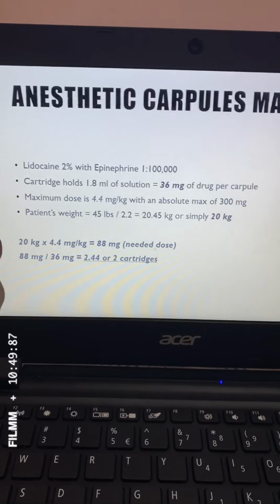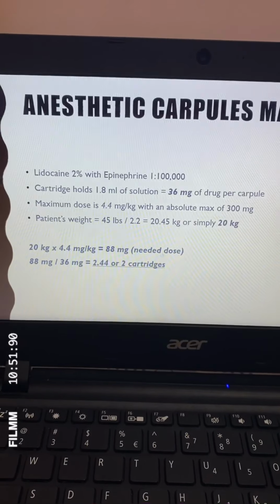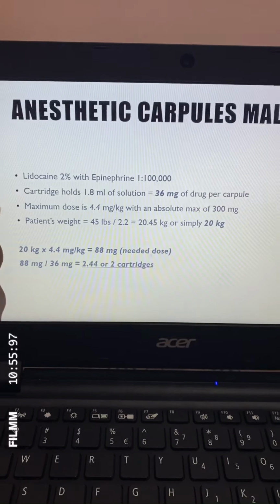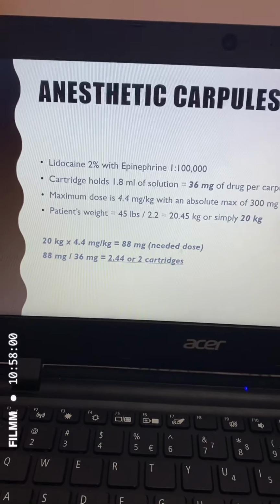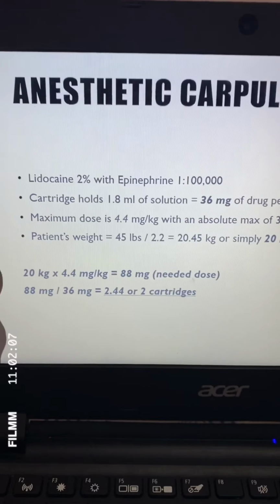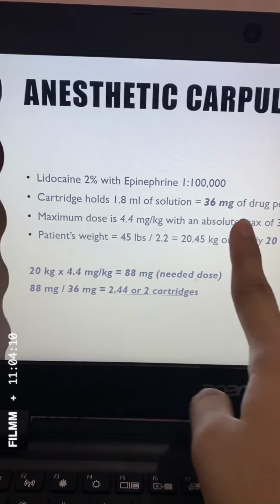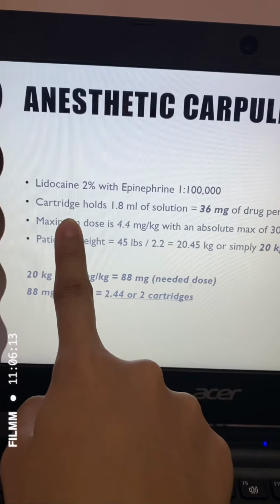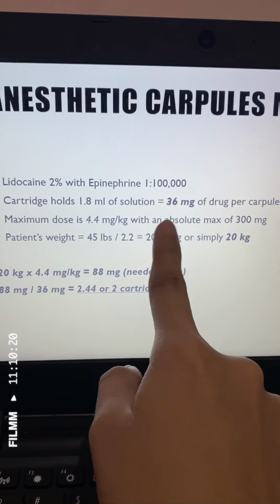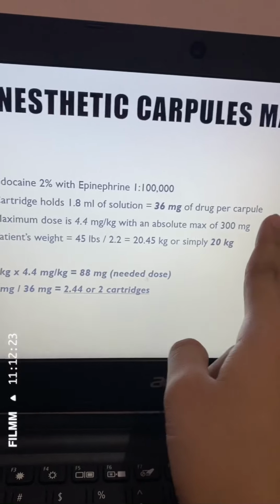So we need to perform endodontic treatment to the child. So we need to administer anesthetic. So the anesthetic carpules for the male weighing 45 pounds. For this one, lidocaine 2% with epinephrine, 1 to 100,000. So 1 cartridge holds 1.8 ml of solution. It is equal to 36 milligrams of drug per carpule.